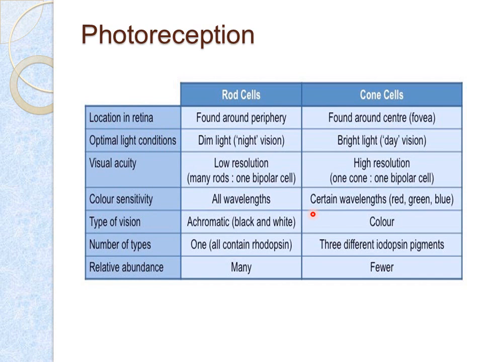The type of vision in rod cells is black and white, and cone cells help us see different colors. Rod cells contain rhodopsin, whereas three different iodopsins, mainly red, green and blue, are present in cone cells. And rod cells are present in abundance, while cone cells are very few.